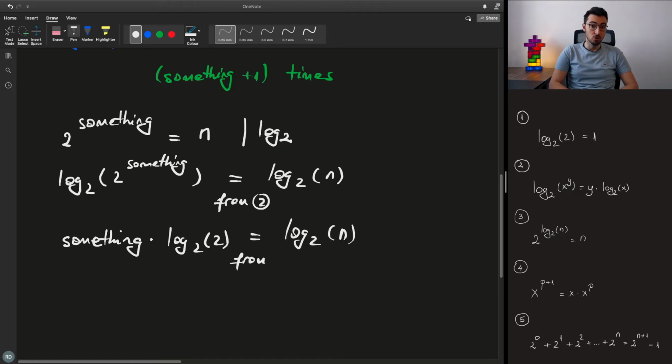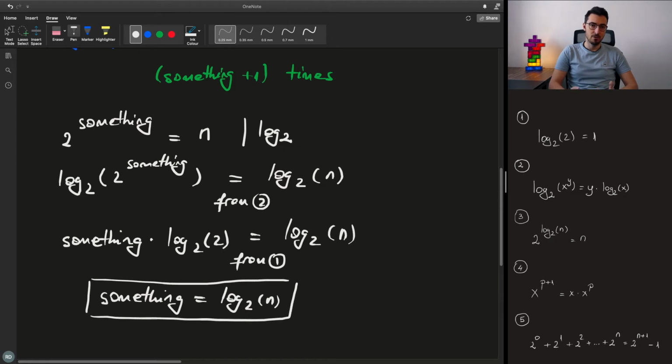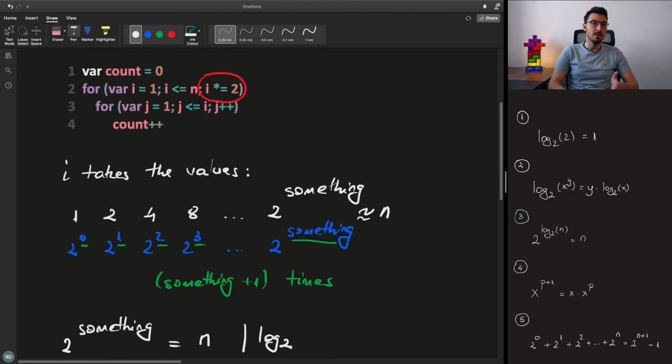But log of 2 is 1, so we are reduced to something being equal to log of n. There you go. We found out how many times the first for loop is executed. It's executed log n plus 1 times.